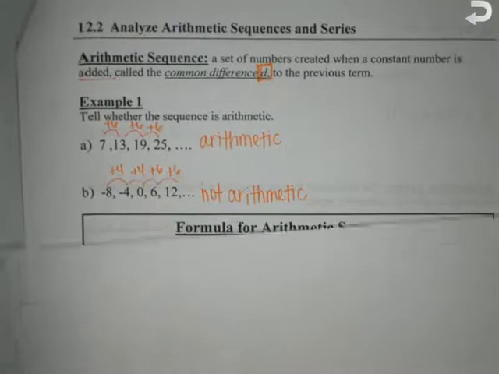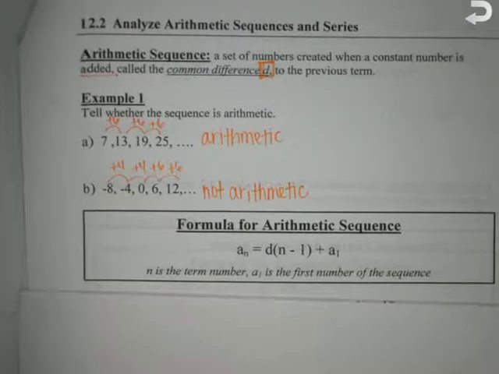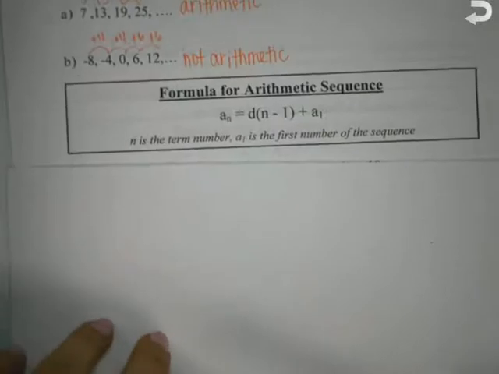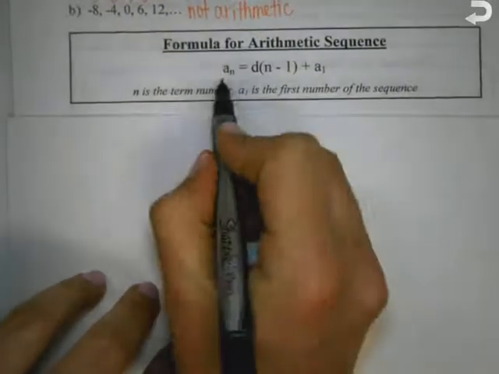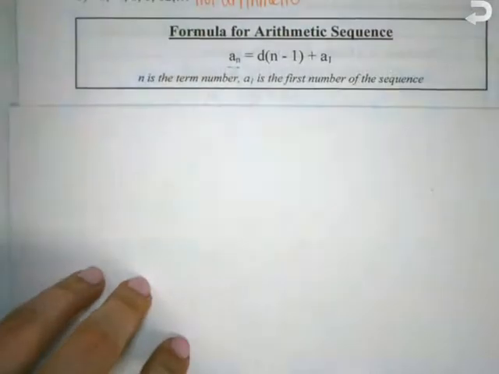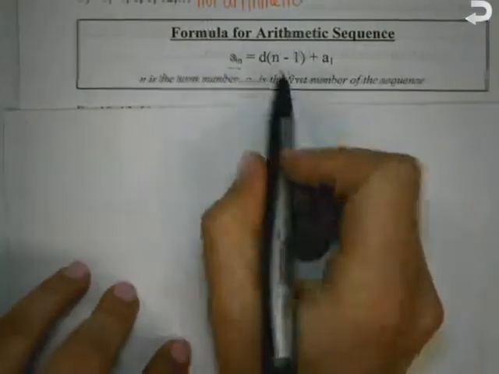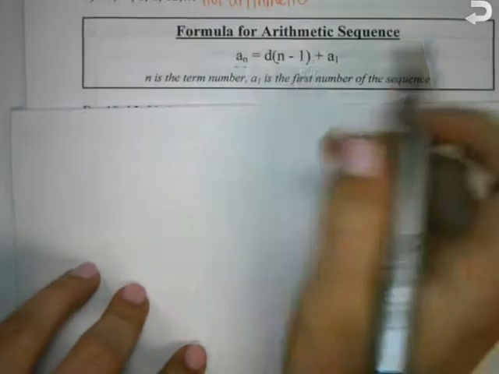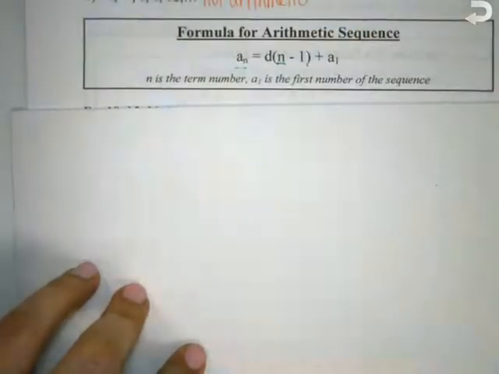Okay, so we get a formula. I put it nice and big in a box for you. Formula for arithmetic sequences: A sub n, that's the term number, right? Equals d, d is that common difference, the number that you're adding each time, times n minus 1. So what term number am I on? Minus 1 plus A sub 1.